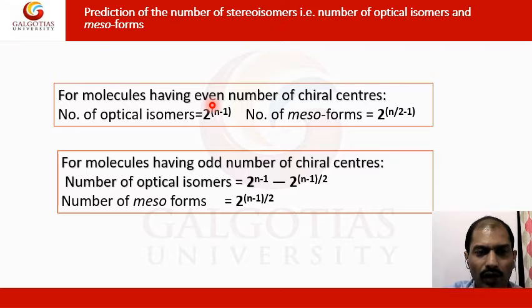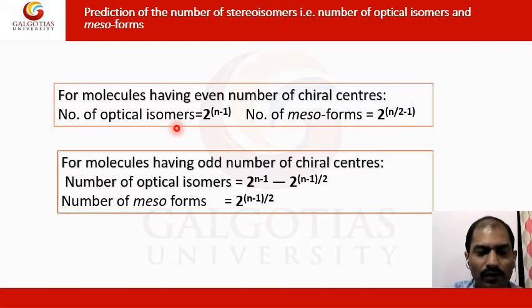Since we had already discussed how to check the chiral center in a molecule, if you don't know how to find it, then even by knowing this formula you will not be able to find how many optical isomers there are. So the first and foremost job in any molecule is to check how many chiral centers there are.